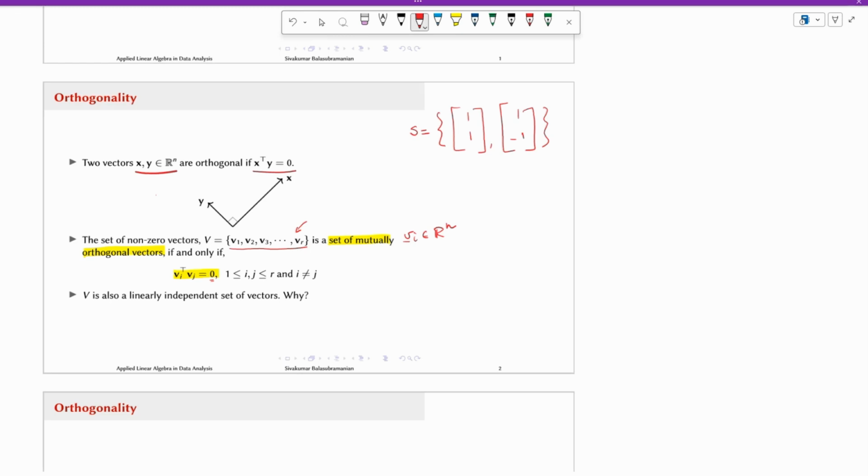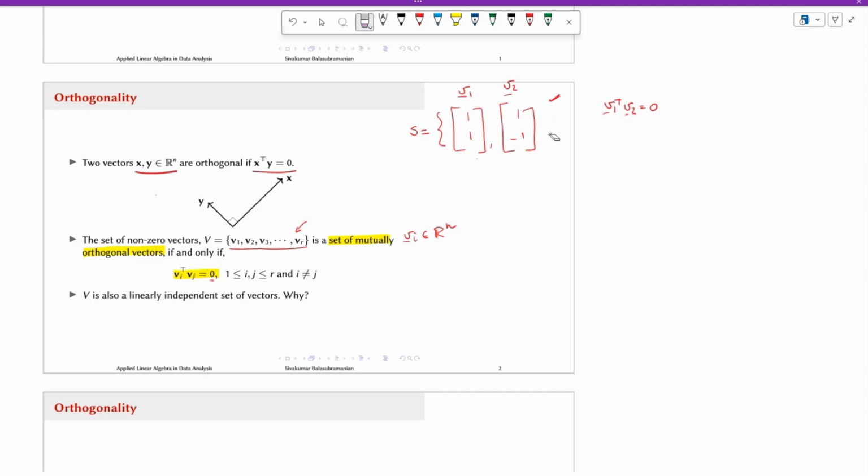Well, there are only two vectors. It's easy to verify this. You simply take the inner product of these two and verify with 0. If you take the inner product, it will come out to be 0. So this is V1, V2, V1 transpose V2 is 0. That means it is mutually orthogonal.